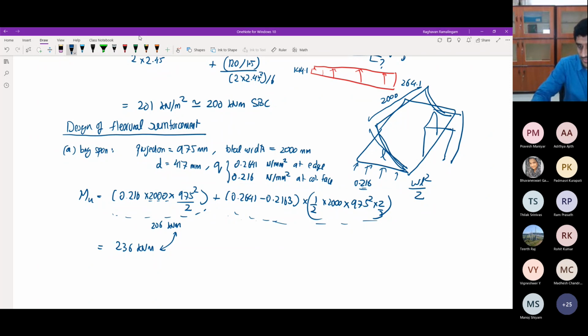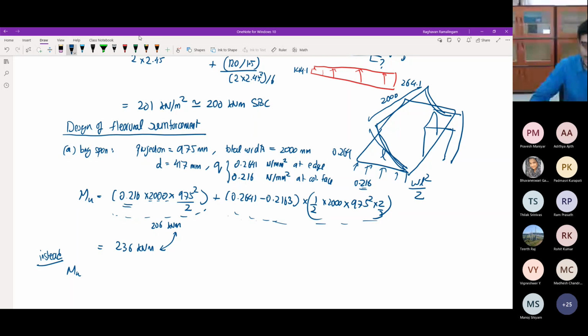If you use the column face pressure and calculate the moment based on that alone, you have a big error. Alternatively, what you could have done is say that you want to be conservative and use the pressure at this location, which is 0.264.